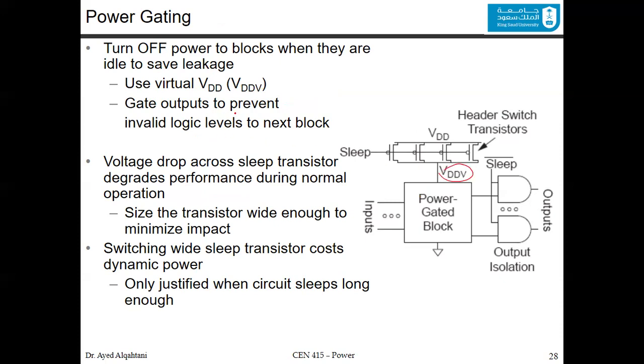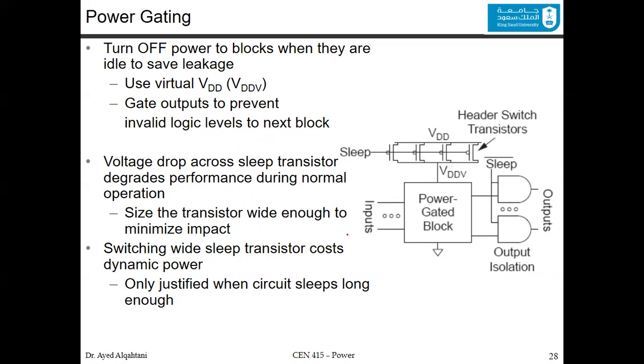And we gate the outputs to prevent an invalid logic level to the next block. The voltage drop across the sleep transistor degrades the performance during normal operation, so we size the transistor wide enough to minimize the impact. Switching the wide sleep transistor costs dynamic power, so it is only justified when the circuit sleeps long enough. So we have sleep, idle, normal operation and so on.